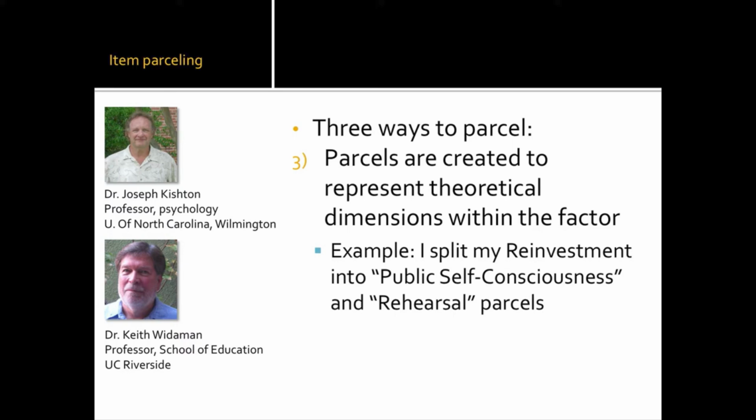So the reinvestment scale had some public self-consciousness items in there. There were also some rehearsal items, which is like rumination, thinking too much, which is typically a bad thing for preparing in sports to perform under pressure. But anyway, there were these subscales, so you can let the subscales be the parcels, and composite your subscales to still compose a latent variable through the item parceling process, but let your theory, your previously composed subscales, be your parcels.